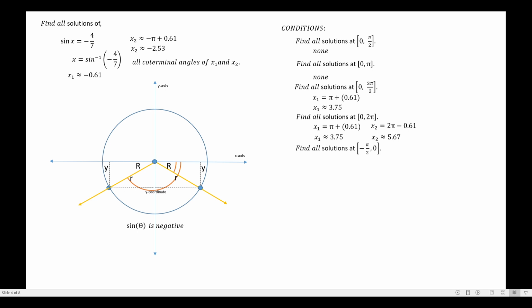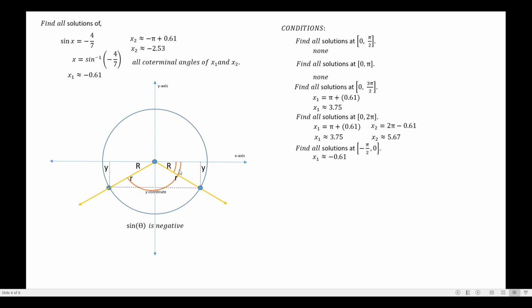Another situation will be at the interval negative pi over 2 to 0. Negative pi over 2 is somewhere here. So there's one terminal side. This time, we consider x sub 1 as negative 0.61, since we are to take the clockwise revolution.